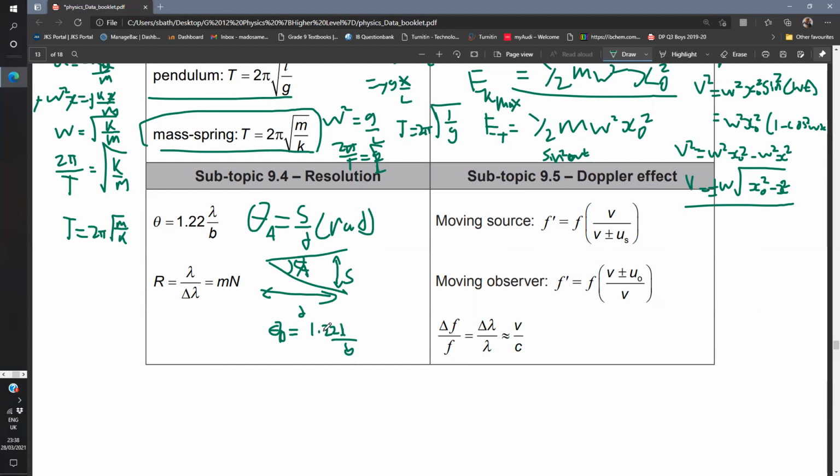This is all the formula for the circular slits. And for A, it's going to be larger than the one for D. So D can be greater than or equal to 1.22, depending on the slit. So this is basically for the diffraction grating.